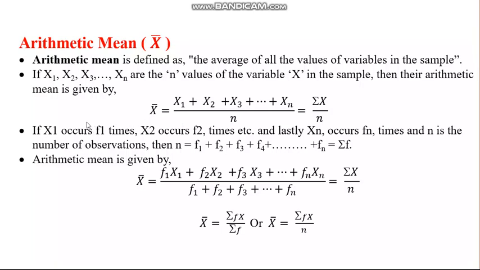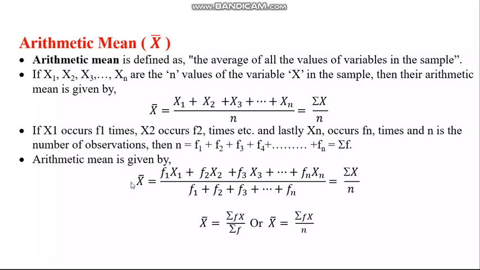And it can so happen that x1 occurs f1 times, x2 occurs f2 times, and so on, and xn occurs fn times. Then what will be the arithmetic mean? Then the number n can be found by adding all these frequencies, f1 plus f2 plus f3 plus f4 plus so on to fn.